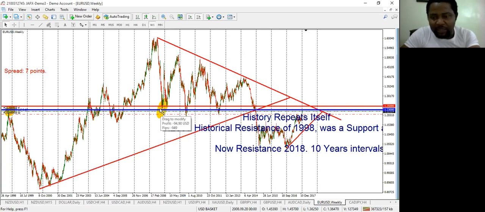From 2008 to 2018, we are exactly at 1.23. Though we know that this trend line is still attractive to price, though we know that this 1.25 is still attractive to price, we are very much comfortable with the history we are able to identify.